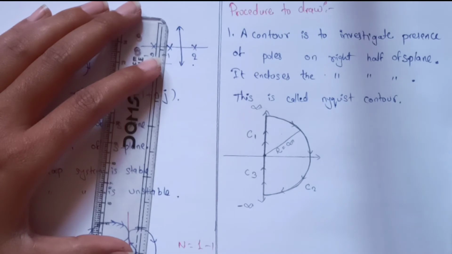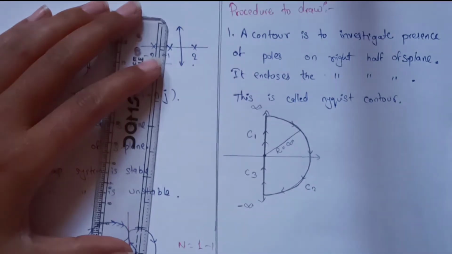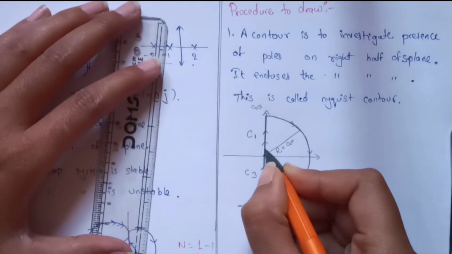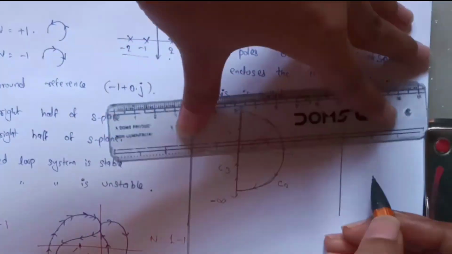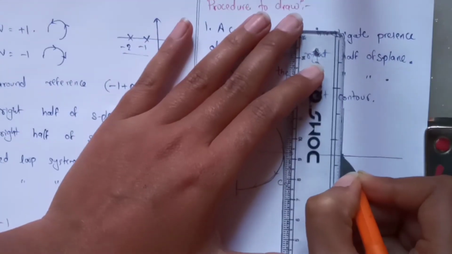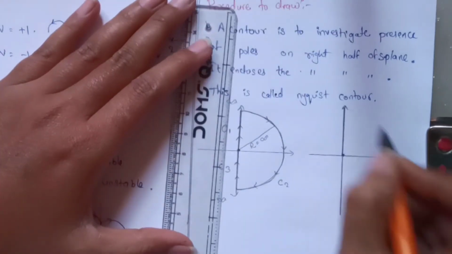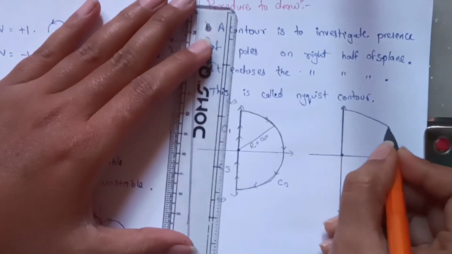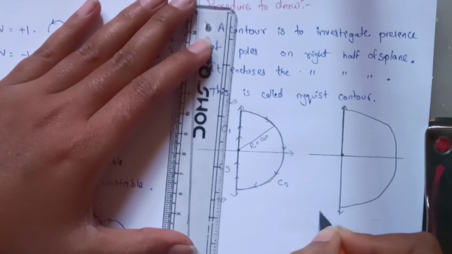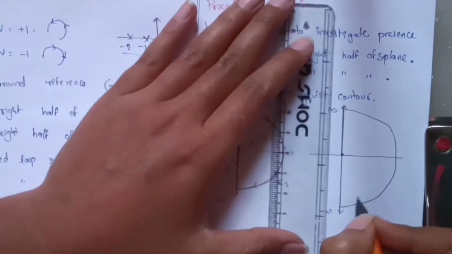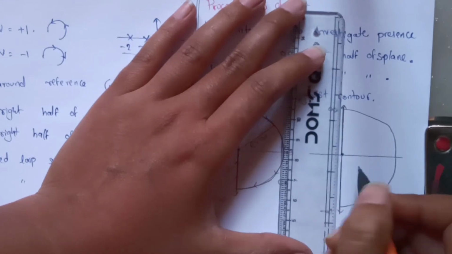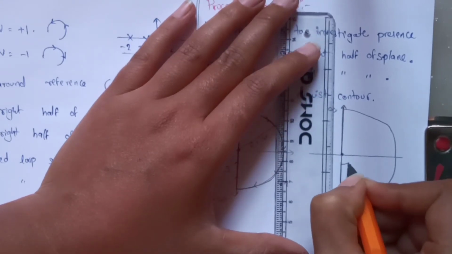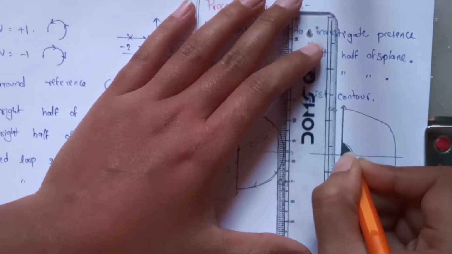And let's say if we are having a pole at the origin, then we have to just leave this origin a bit. I'll show you. Go from the origin to plus infinity, and then again from plus infinity to minus infinity, and we will go back to the origin, but it will not touch the origin. It will terminate before the origin and will continue from here.